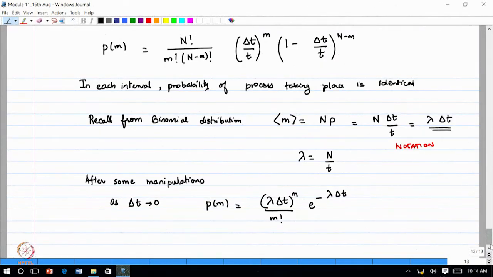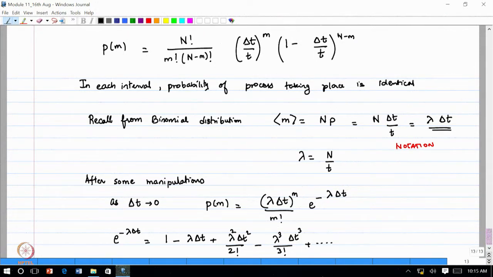Now, I have skipped quite a few steps in this derivation, but the basic idea that we will use is that e to the minus lambda delta t is equal to 1 minus lambda delta t plus lambda square delta t square by 2 factorial minus lambda cube delta t cube by 3 factorial plus and so on. So you use this infinite series.